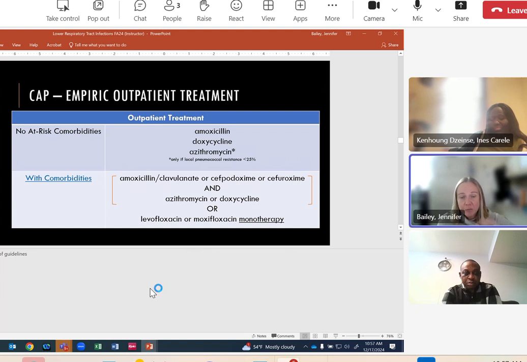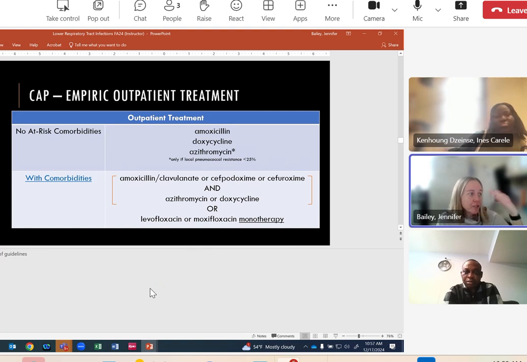If the patient is hospitalized, they either go here or here. So where is that? Is it floor or ICU admission? Yes. So floor or ICU.